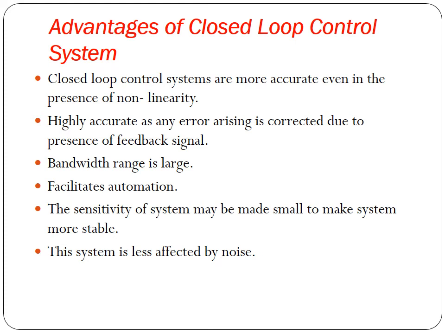We also say that it is highly accurate as the main errors arising is corrected due to presence of feedback signal. This system is also less affected by noise. The sensitivity of the system may be made small to make the system more stable.